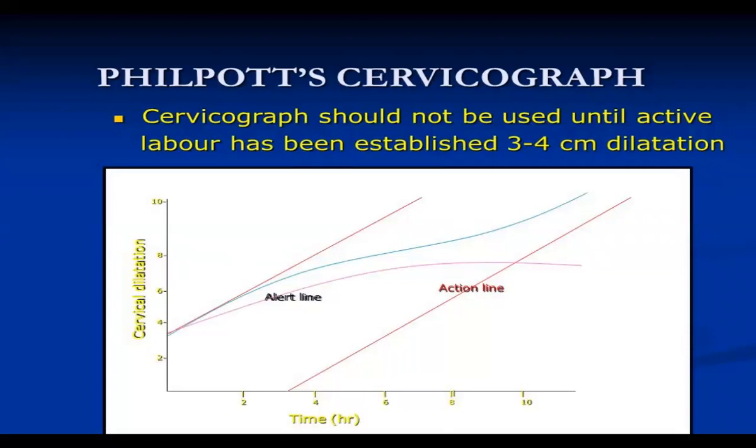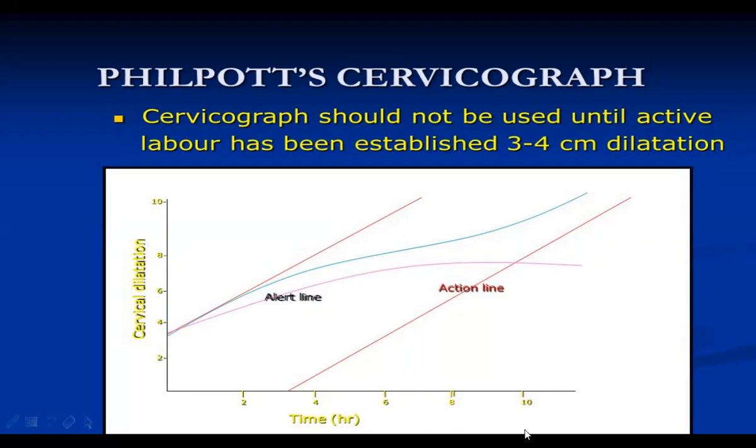On the vertical line we have cervical dilatation. From where do we start? From 3 centimeters. Up to 2 centimeters we do not draw anything. But once it crosses 3 centimeters, it is related to the active phase.